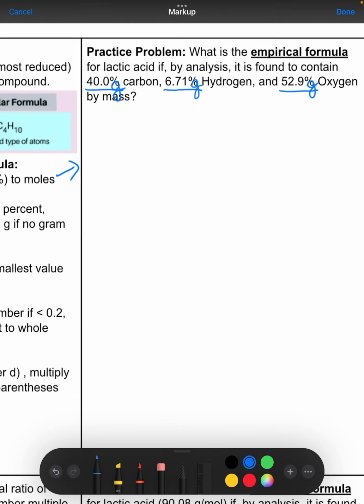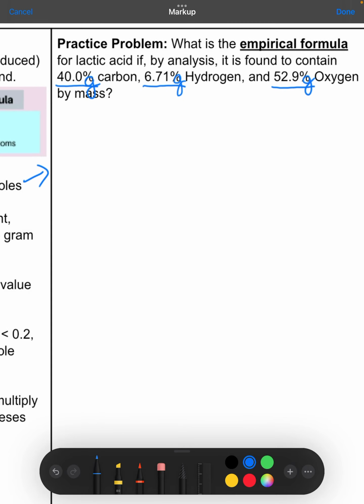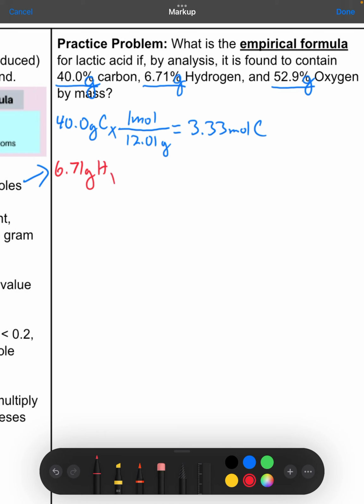We know we need to find that on the periodic table, so I'm just going to go ahead and do that. We're starting with 40.0 grams of carbon. I know on the periodic table that 1 mole of carbon weighs 12.01 grams. I plug that into a calculator and I get 3.33 moles of carbon. Switch colors, 6.71 grams of hydrogen.